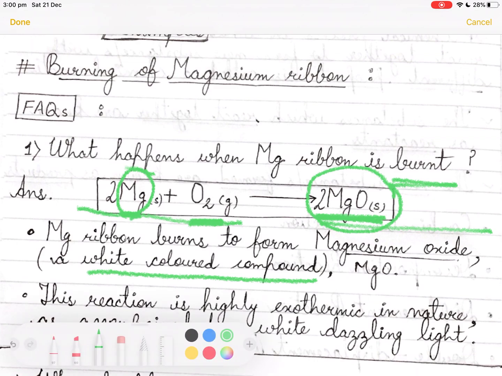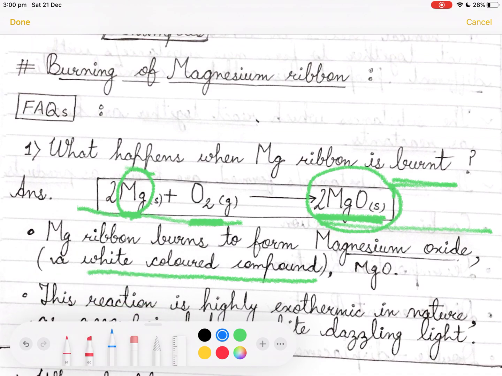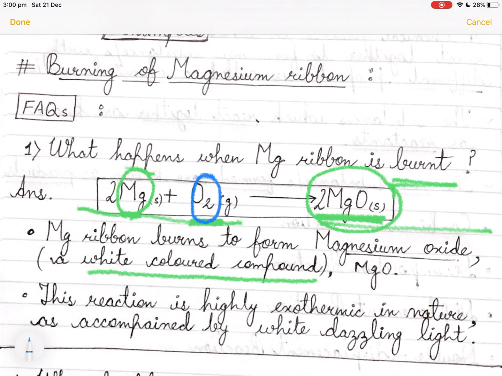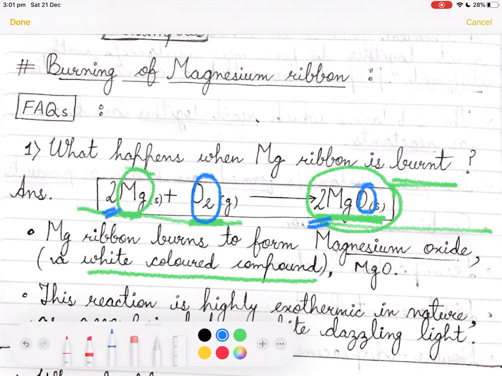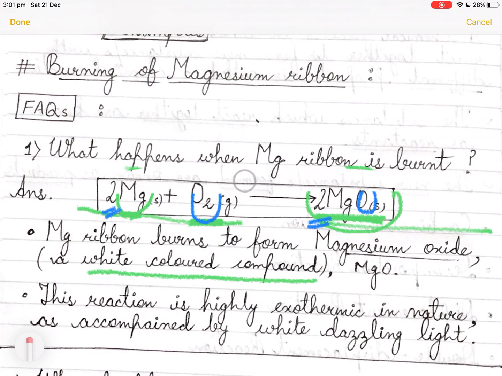But what about oxygen? Oxygen is O2, that means 2 atoms of oxygen, and here we had 1. So in order to make it 2, we put this coefficient 2. But when we put this coefficient 2, magnesium also becomes 2 atoms, so we had to enter 2 here as well. And that's your magnesium oxide formation with a well balanced equation. I repeat it for you. 2Mg will react with O2 molecule to give you 2MgO, which is a white colored compound.